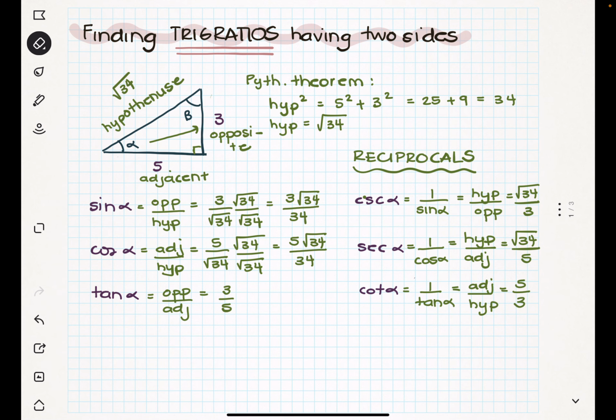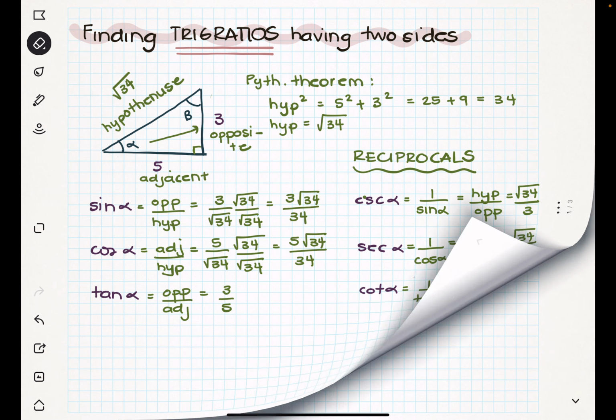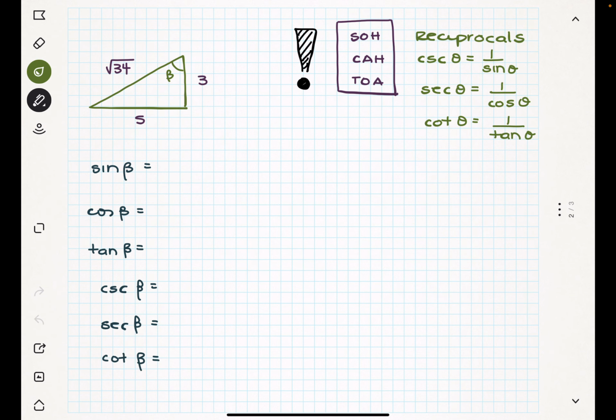Now let's do angle beta. For angle beta, I already redrew the information that we had. Now we just have a change of names. This is the information that I want you to remember. So sine, like in the famous SOH-CAH-TOA, sine is going to be opposite over hypotenuse.